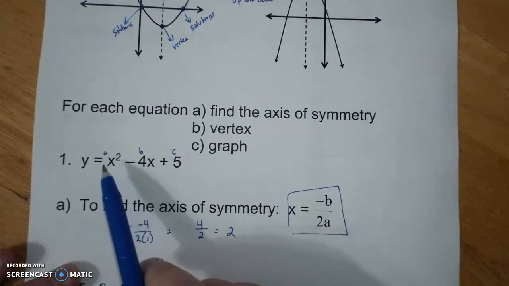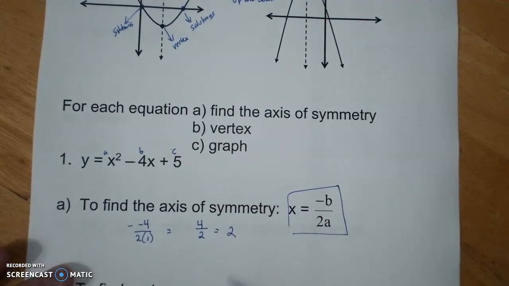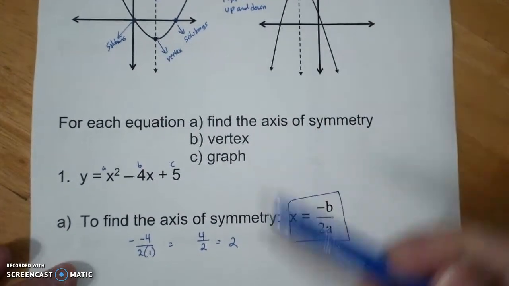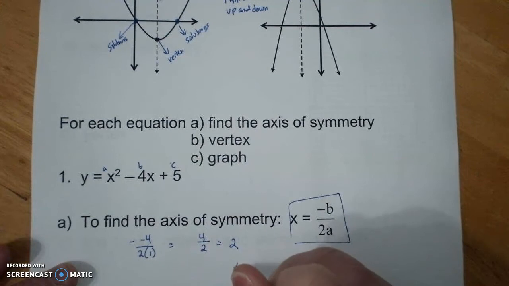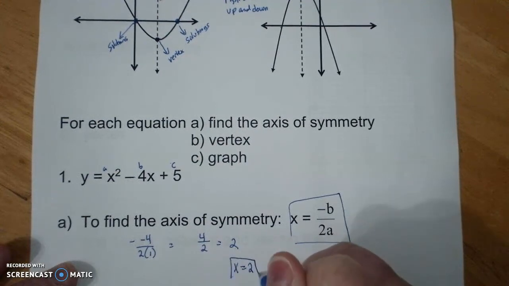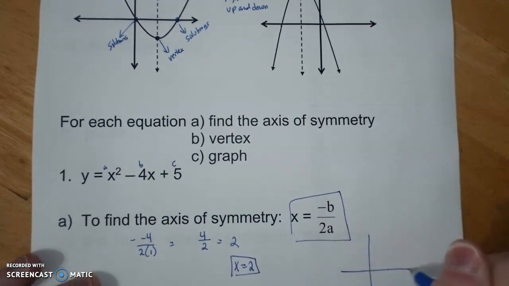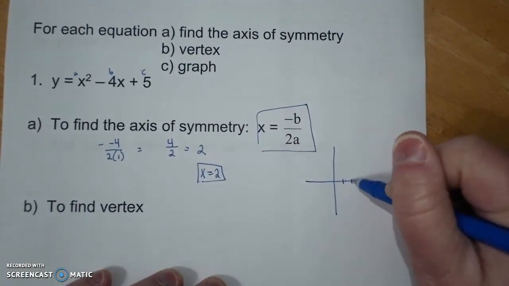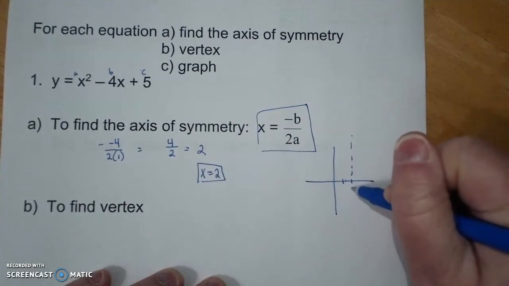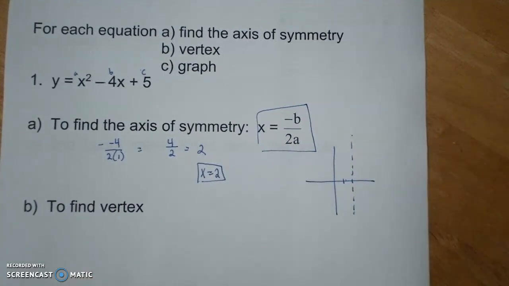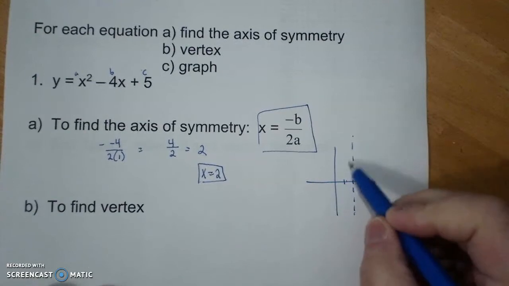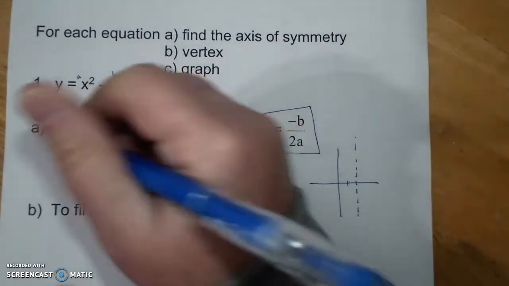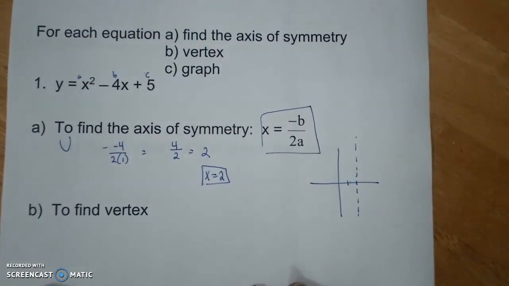I know that it's a U. Okay? The axis of symmetry is a vertical line. So when I have this, I'm going to say my equation is x equals 2. So if I had a graph, I would go to here and I would know that the axis of symmetry is along here. I also know already that it has a minimum.